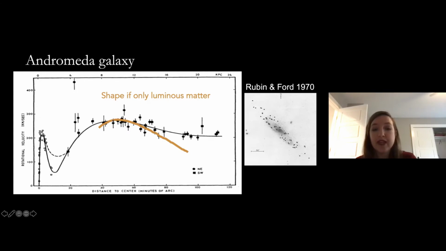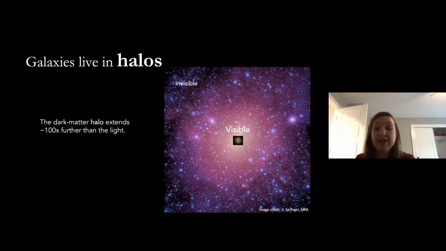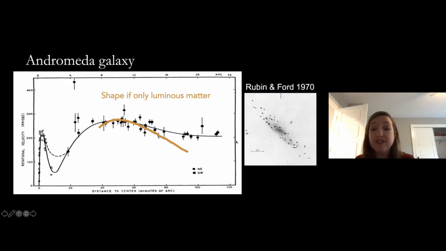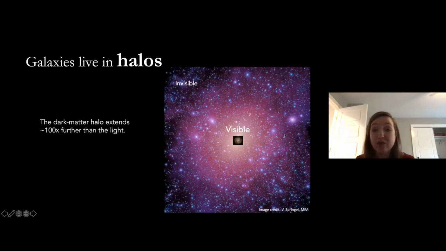But instead we see that these luminous young star-forming regions are moving much faster than we expect, far out from where the main luminous, light-emitting matter of the galaxy lives. What that tells us is that there's a lot of invisible matter around a galaxy like Andromeda and others.